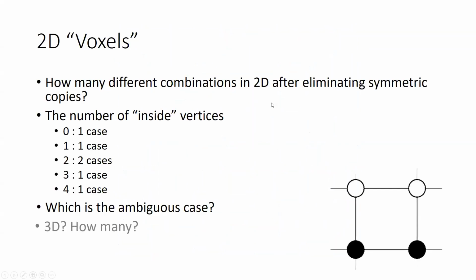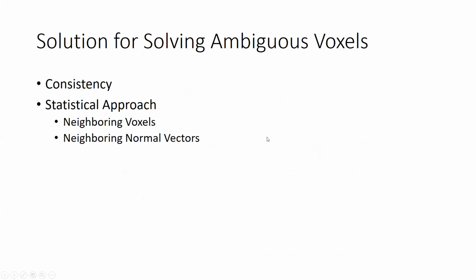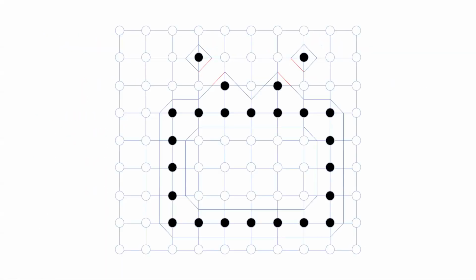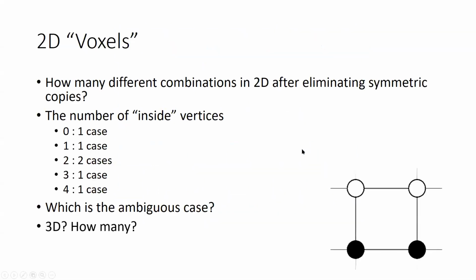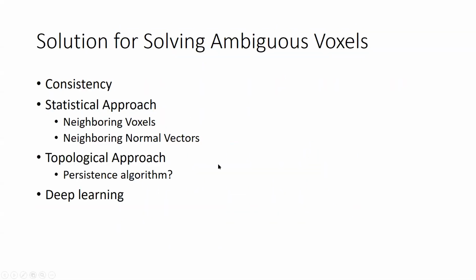So you can collect some data on the surface to continue. One is topological persistence. That means, in a simple way, later we'll talk about it in the next slide. If I want to make the topology simpler, let's say I want to make the whole thing as one piece as possible, then you choose this one instead of this one, because this one makes your whole thing more like one piece. And of course, you can do deep learning on the AI side. That's not my area, but I think a lot of people do that.